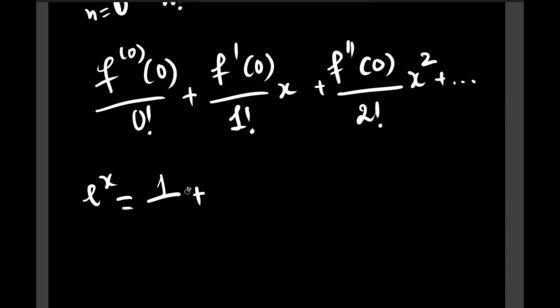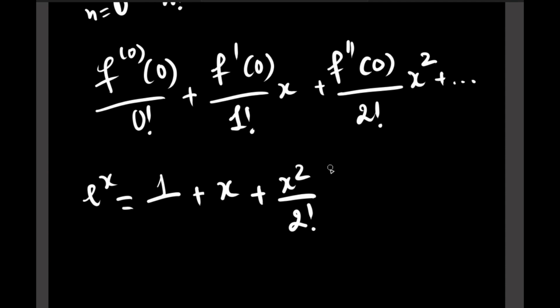Then we're going to add the next term, e to the power of 0 over the factorial of 1, and we're going to multiply that with x. This is 1, so we're just going to write x. Next, e to the power of 0 over the factorial of 2, that's going to be 1 over 2, multiplied with x to the power of 2.